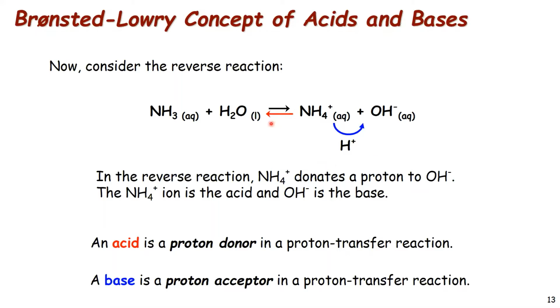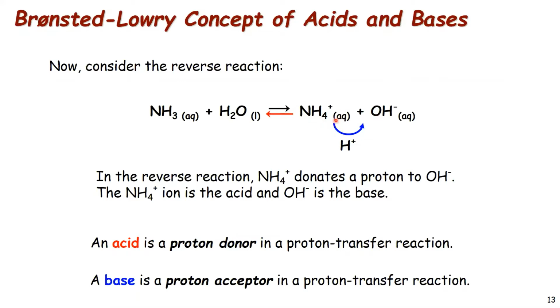So remember, we're now going in this direction. Remember, this is equilibrium, so it goes this way and it goes this way. They just go at the same speed, so it looks like the concentrations of the reactants and products aren't changing. But remember, these reactions are dynamic. So what's happening is that the ammonium ion is now giving up a proton to the hydroxide.